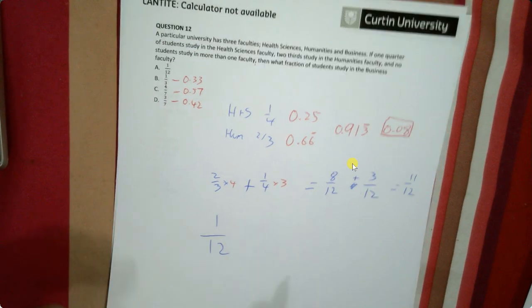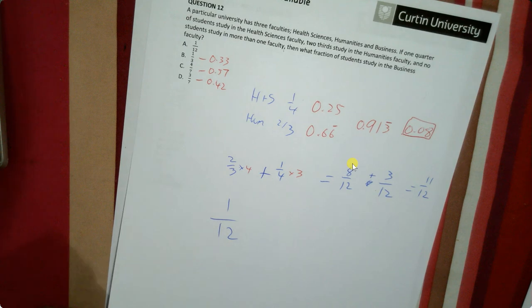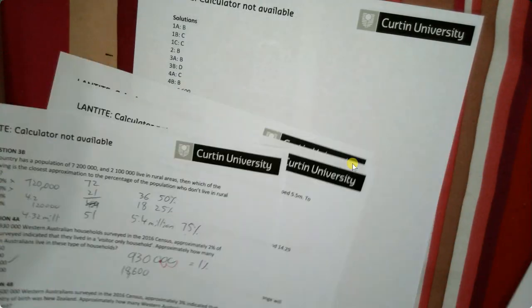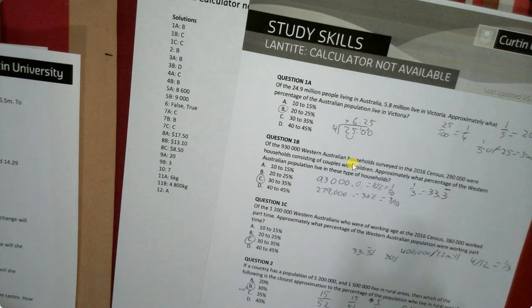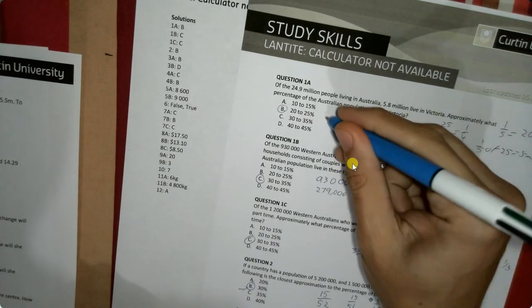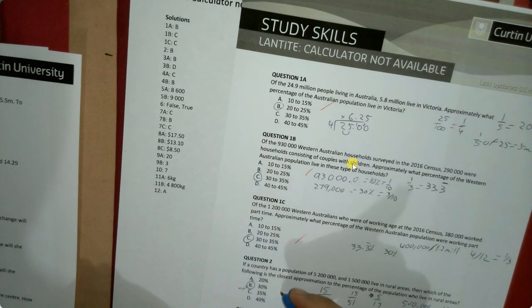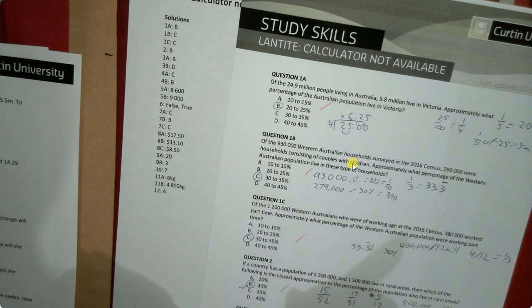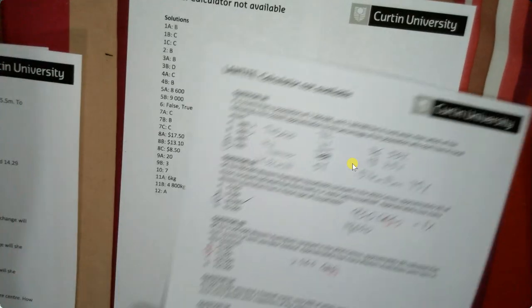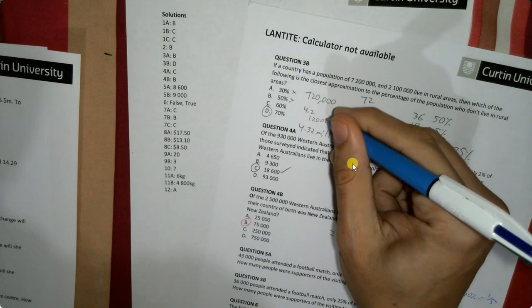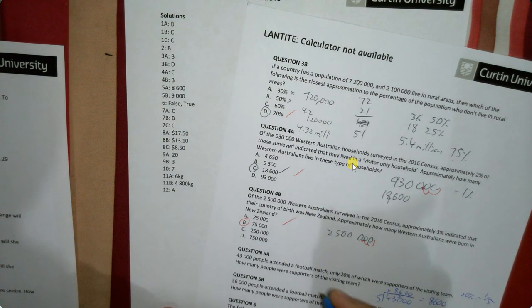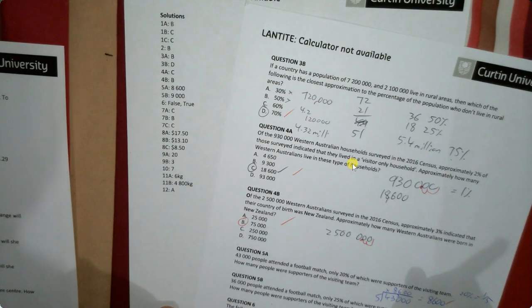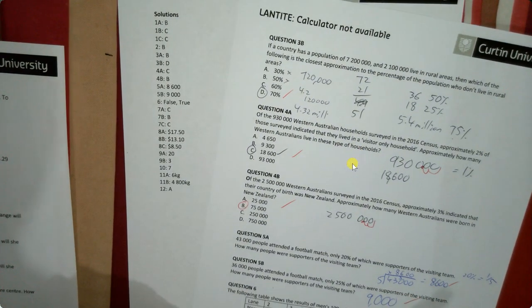All right, so that's done. I guess I could check my answers just very quickly, make sure I haven't butchered it. So yeah, that's B and C and C and B. 3A is B, 3B is D, 4A is C, 4B is B, 5A 8,600, 9,000 for 5B, false, true, 7A is C, 7B.